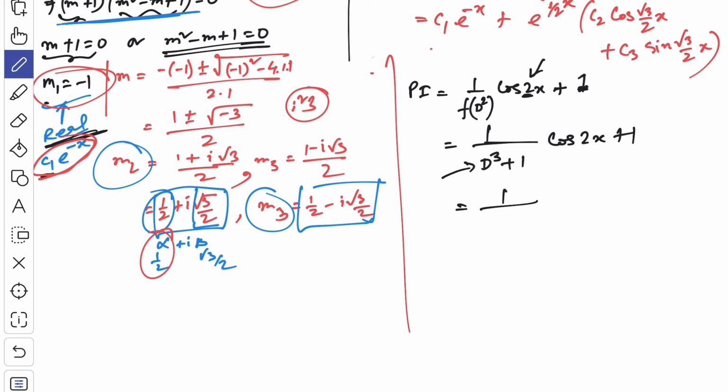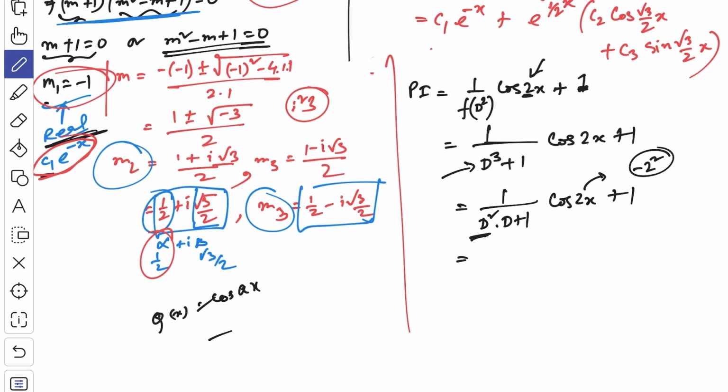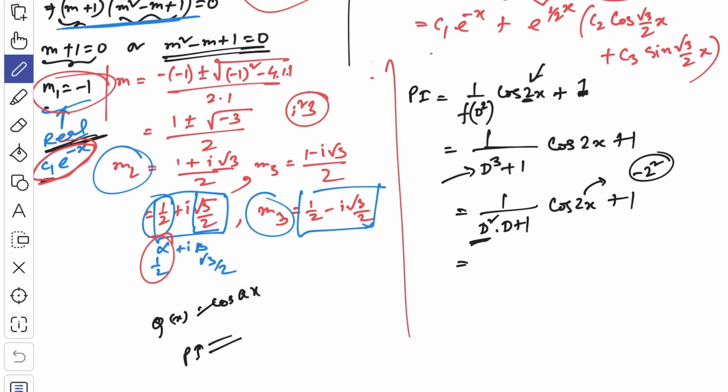So here 1 by this d cube can be written as d square into d plus 1, cos twice x plus 1, and this d square can be replaced by minus 2 square, because you know when Q of x is equal to cos ax, then PI is equal to 1 by f of minus a square, cos ax, isn't it?